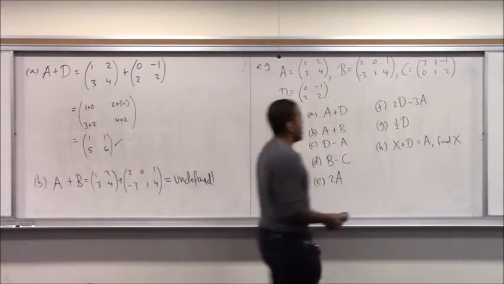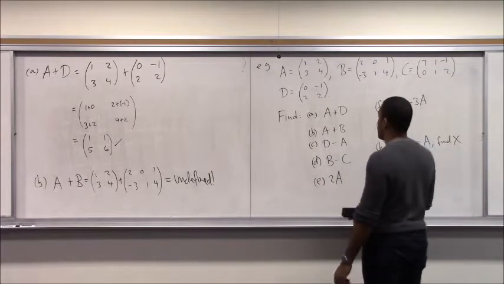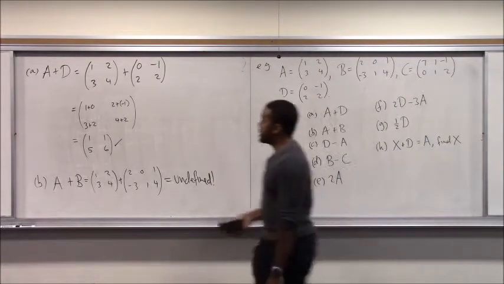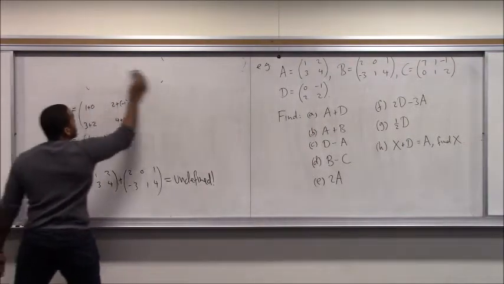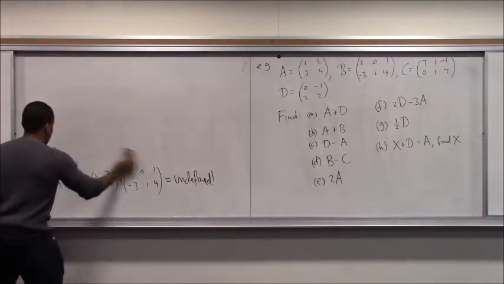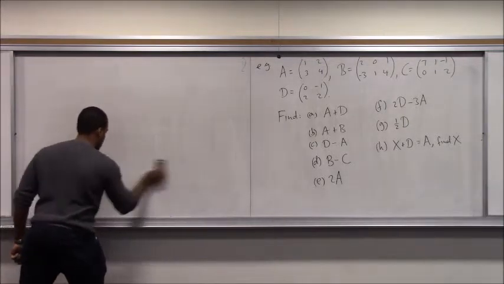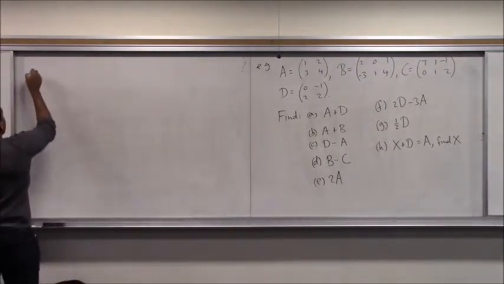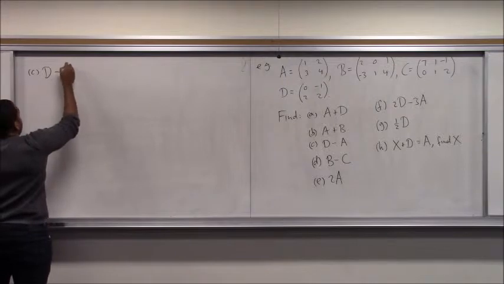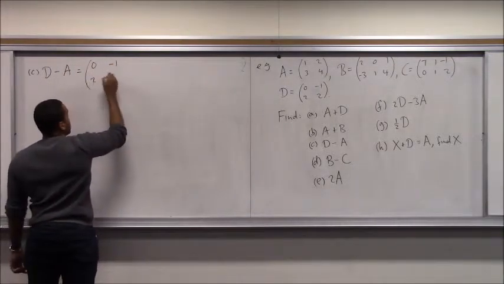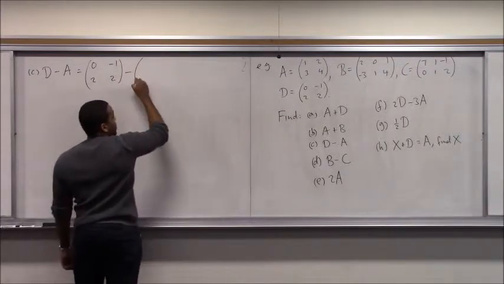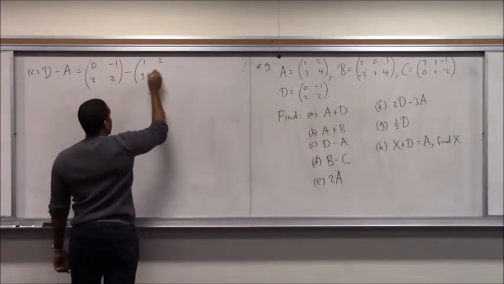Okay. Let us move on to D minus A. So this is me taking the matrix 0, minus 1, 2, 2, and I'm subtracting the matrix 1, 2, 3, 4.